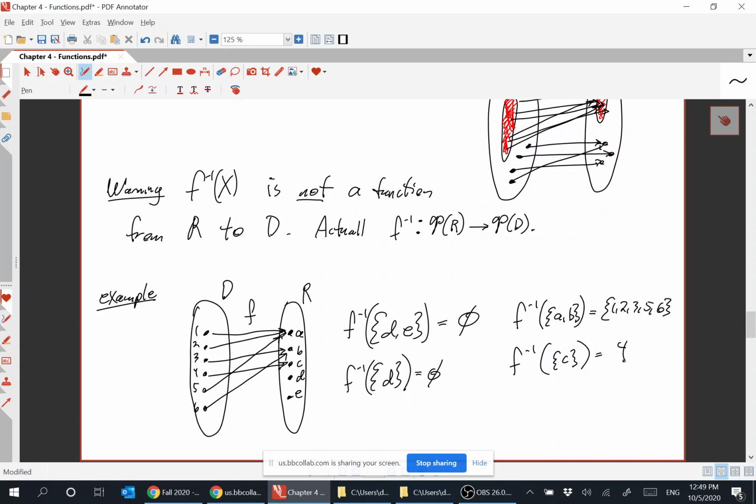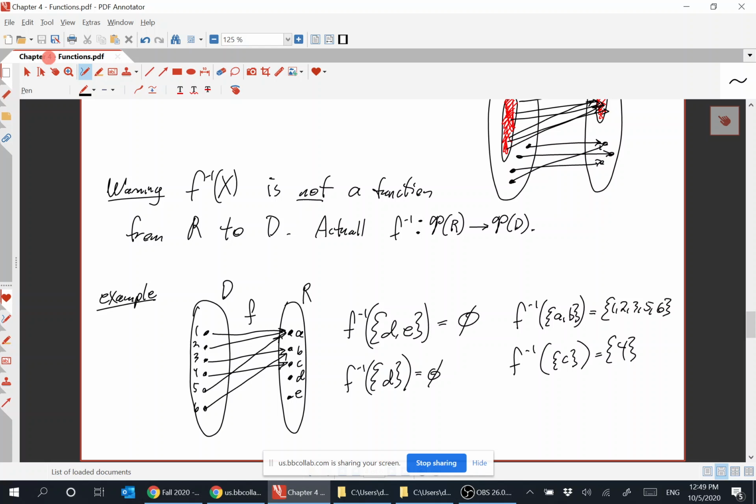What's missing there? The set of 4? It's the set containing just 4. Yeah. The preimage of a subset of the range is a subset of the domain, not an element of the domain, a subset, even if it's got one thing in it.